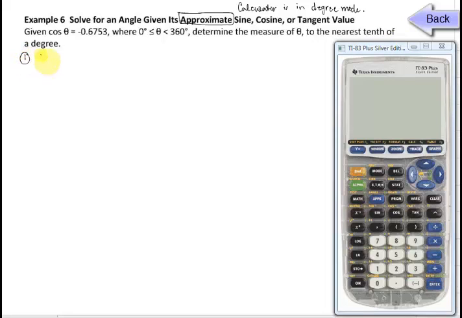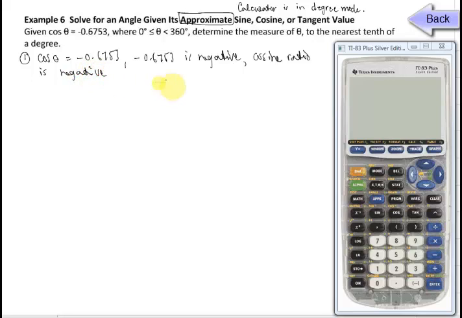Now we know that cos of theta is negative 0.6753, and negative 0.6753 is negative, of course, which means that your cosine ratio is negative. So let's find out where cos is negative.